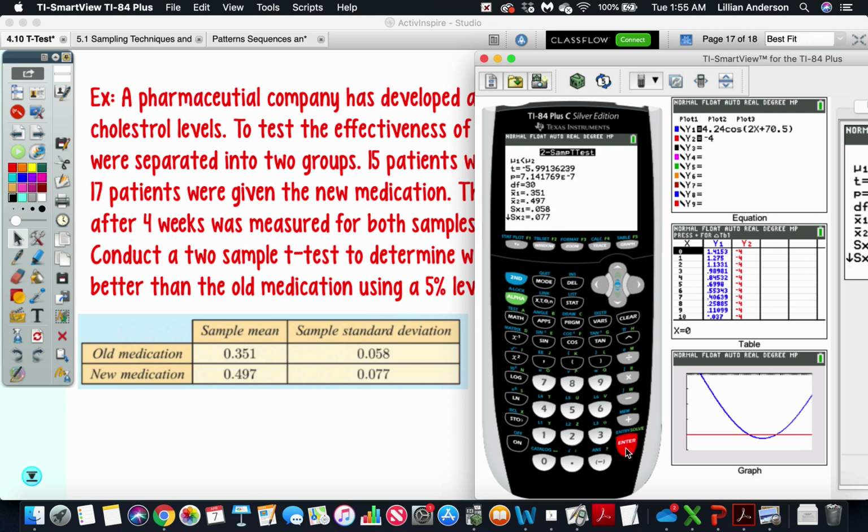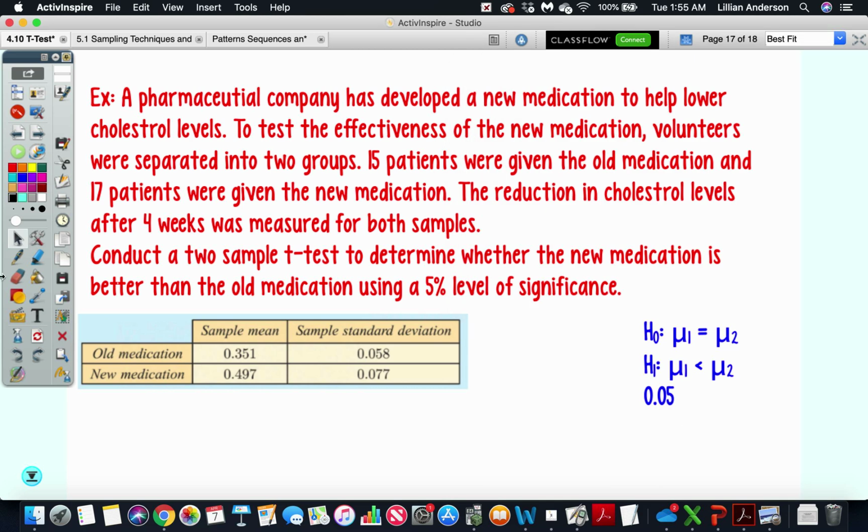As we can see, our p-value here is going to be 7.14, and if you look at the very end, it says E -7. Now remember that notation for E stood for scientific notation. So that means this is really 7.14 times 10 to the -7. That's a super, super small number.